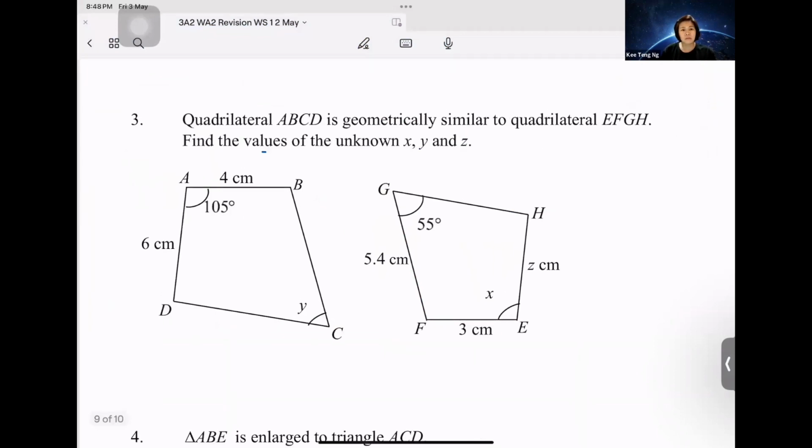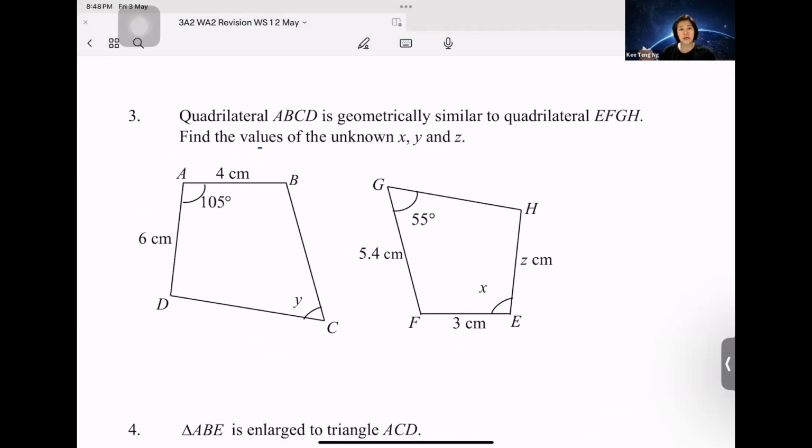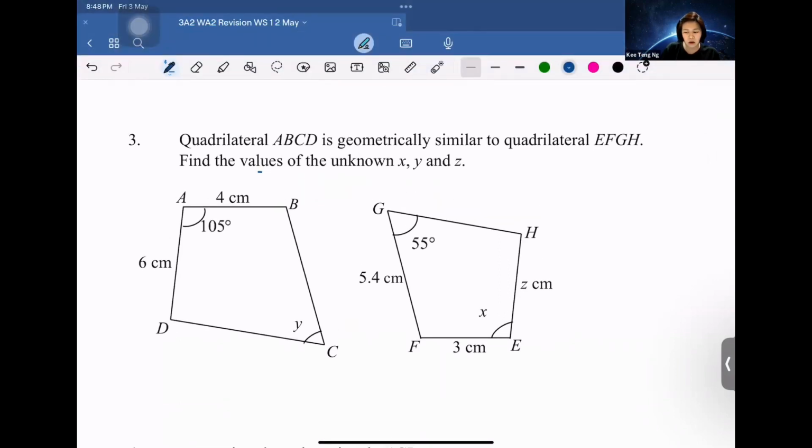Now this question: quadrilateral ABCD is geometrically similar to quadrilateral EFGH. What does similar actually mean?